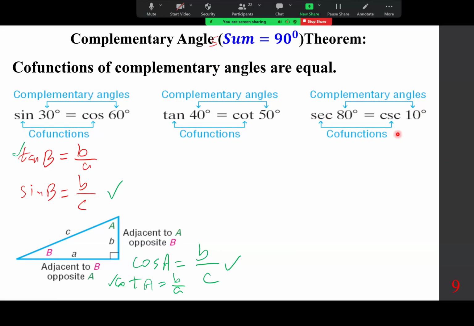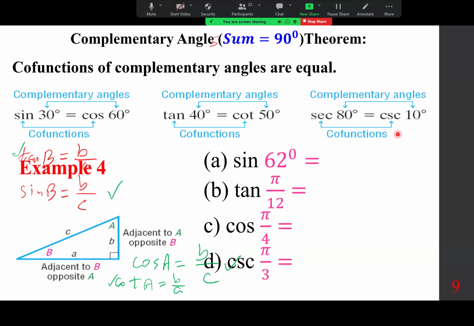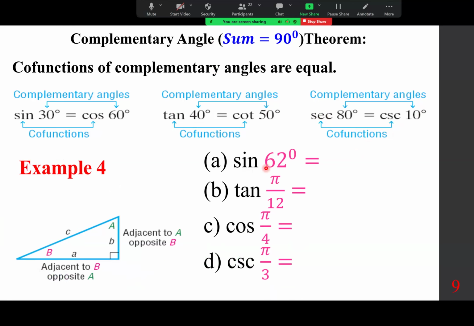Okay? So, for example, let me erase my work. I want sine of 62 degrees. That is cosine. Cosine of what? Subtract: 90 minus 62 degrees, and it becomes cosine of 28 degrees.